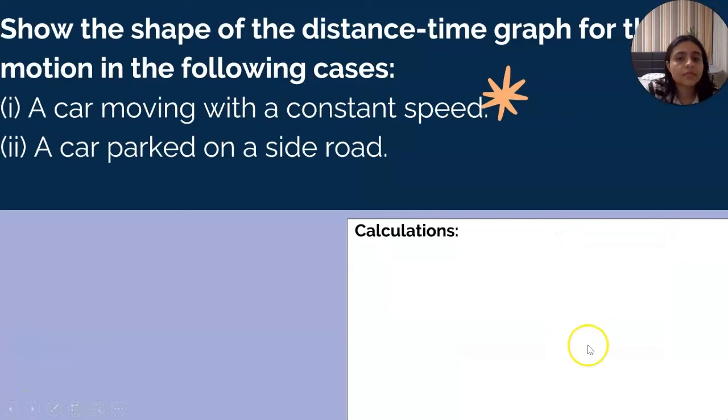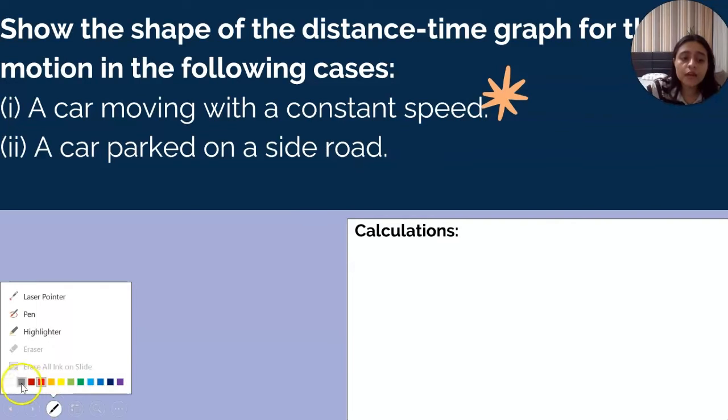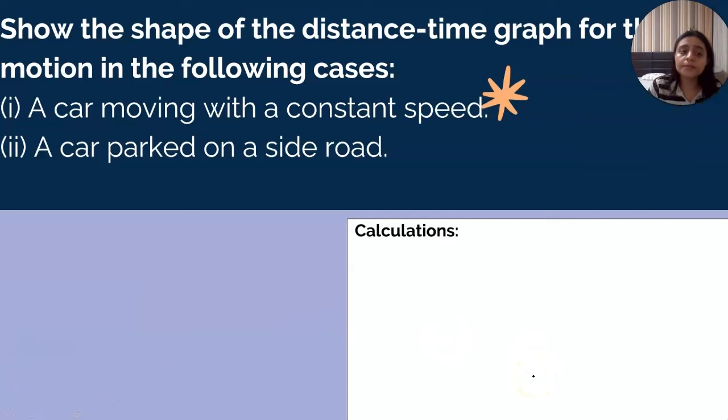All right. So here the question is asking you to draw the shape of the distance time graph for the motion in the following cases. All right, we have already learned several graphs in the previous section. If you might have forgotten this distance time graph, just go first and revise your concept.